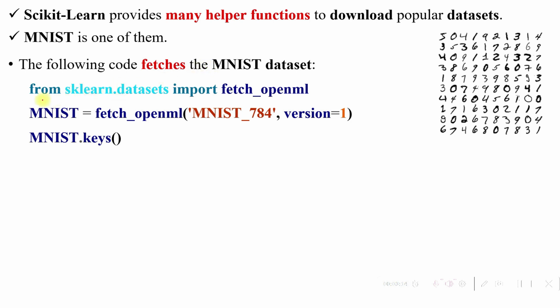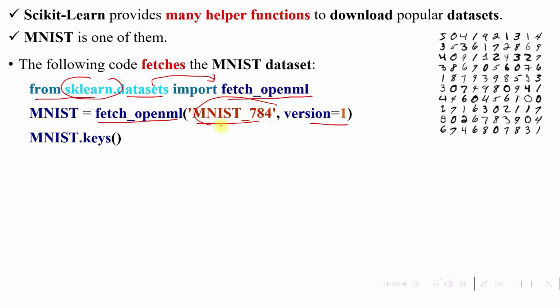Here, from sklearn.datasets import fetch_openml. That means from sklearn some datasets are available by default, and we download those datasets using fetch_openml. Here fetch_openml is a function, in which we mention the name of the dataset and the version also.